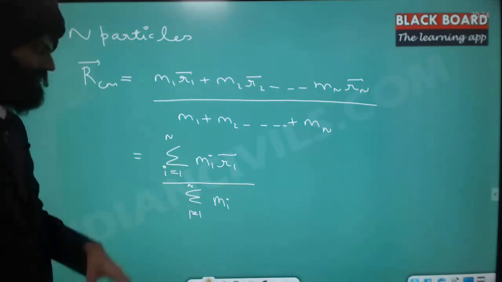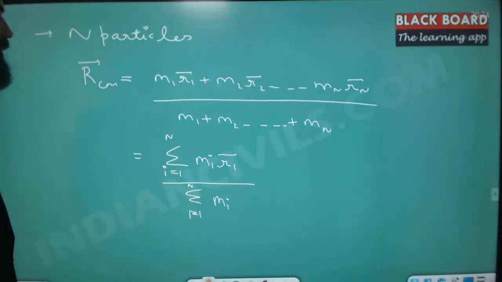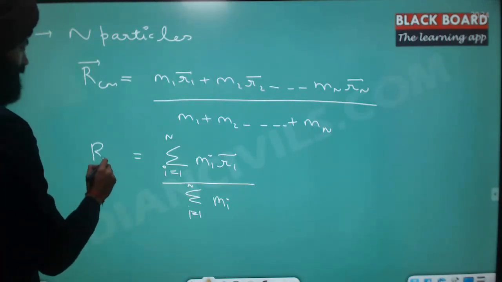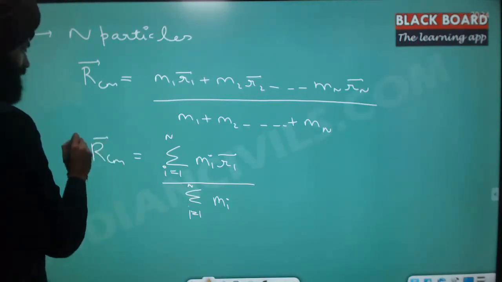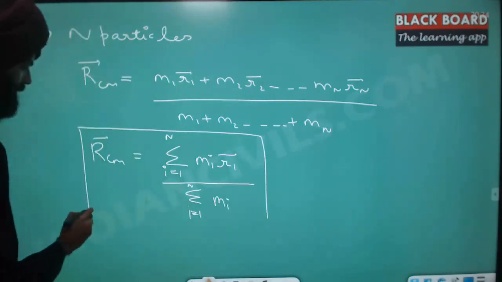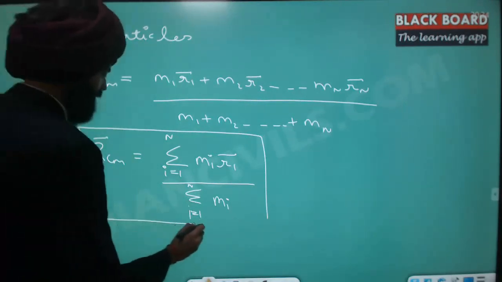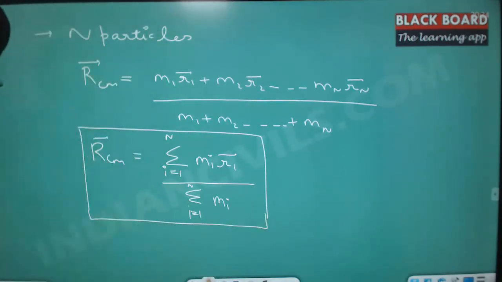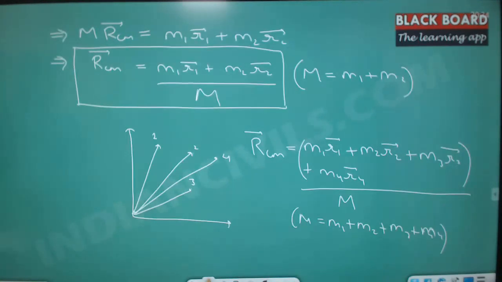Okay, so this expression gives the radial coordinates of the center of mass, if we have n particles in the system. All right, so just see this once if there is any issue.